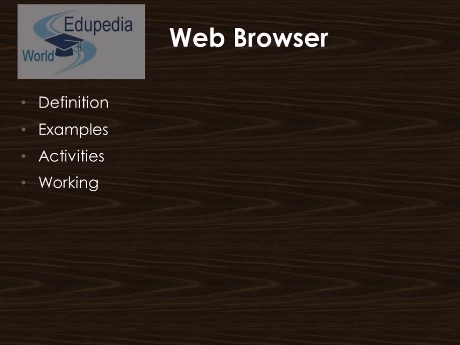Although browsers are primarily intended to use the World Wide Web, they can also be used to access information provided by web servers in private networks or files in file systems. Major web browsers are Firefox, Internet Explorer, Google Chrome, Opera and Safari.